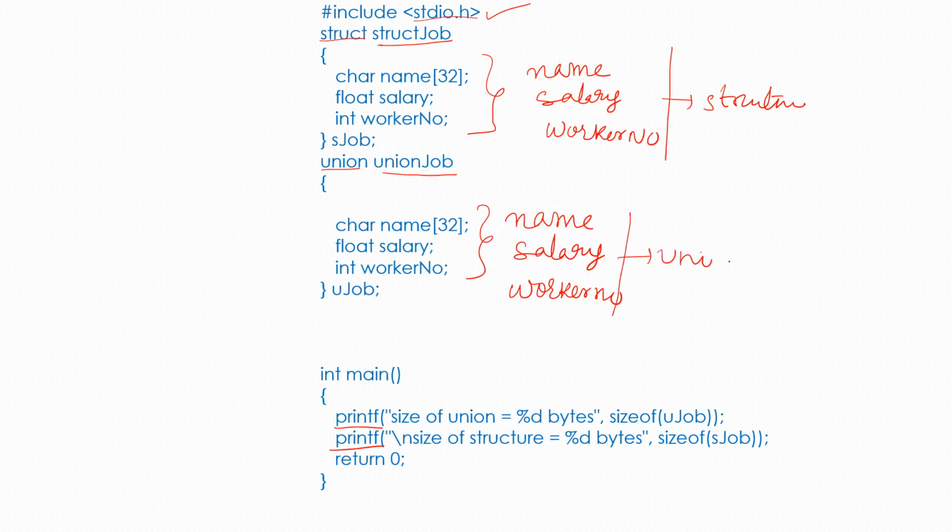So here we wrote the union and the structure. Remember, we have to create an object for this structure also. If you want to access the values in the structure, you must create an object. How to create an object? That is the structure name, struct job, and then a variable name.